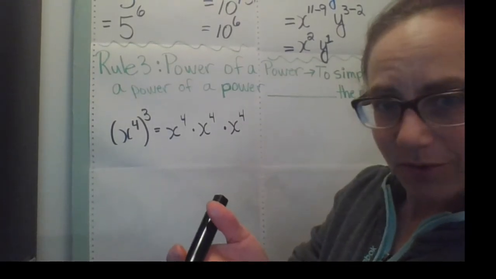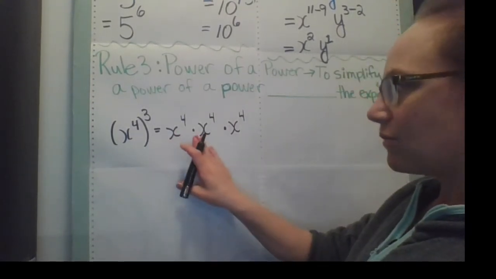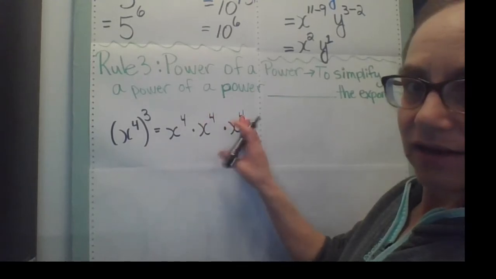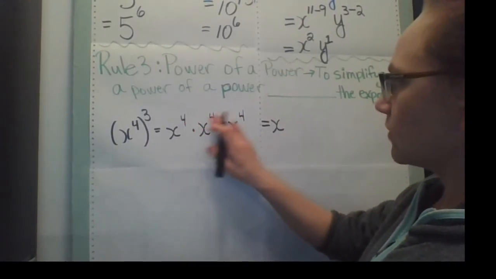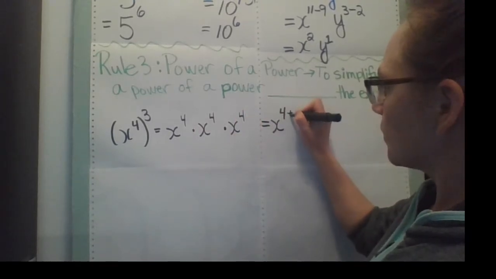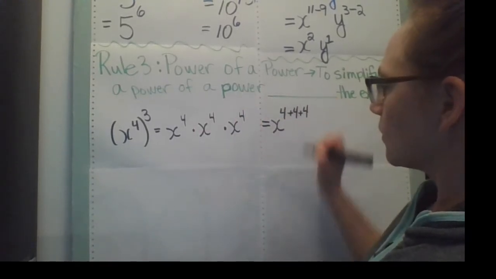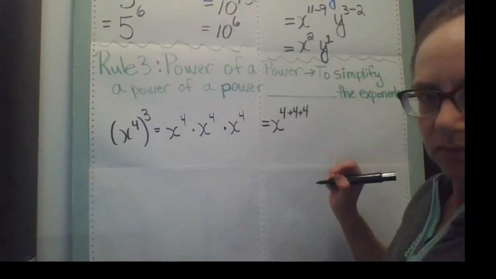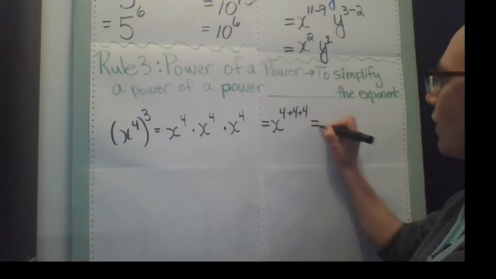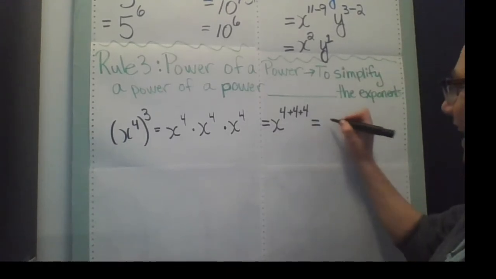Oh, we already have a rule for how to handle multiplying. When I'm multiplying, remember that means we add our exponents. All right, so I've got x, 4 plus 4 plus 4. Well, isn't that the same thing as saying I've got 3 times 4? Oh, okay.